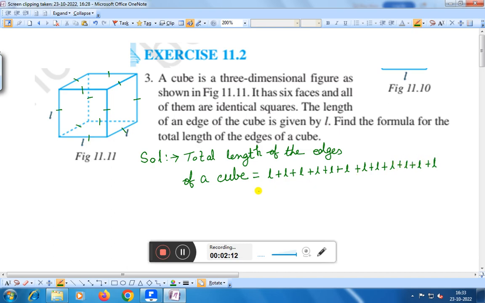There is the sum of all the sides, right? Therefore, it comes to 12L, where 12 is the constant and L is the length of the edge of a cube. And we know that in a cube all the edges are of equal length. Therefore, total length of the edges of the cube is equal to 12L.